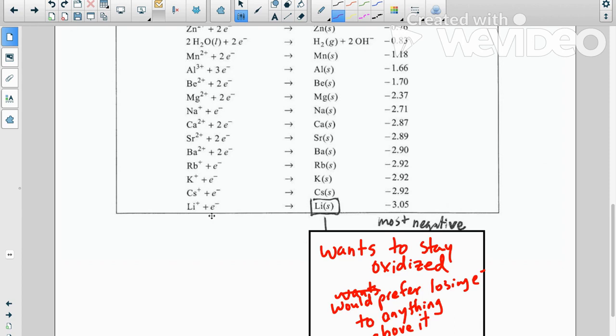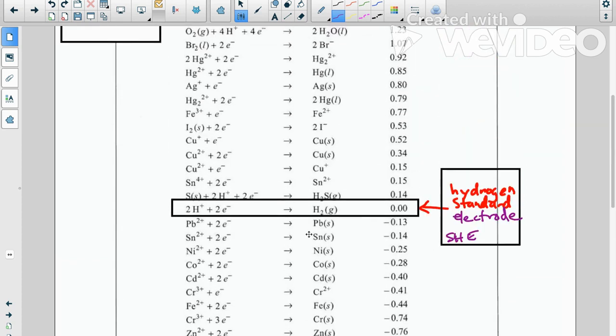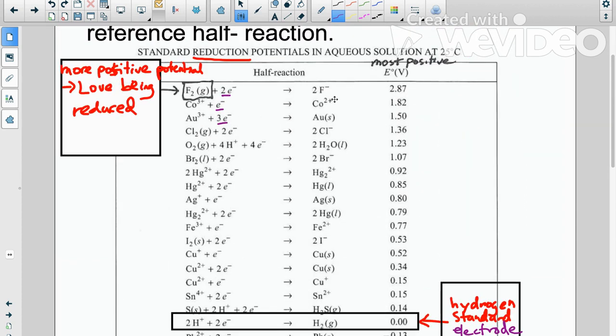So here, it does not actually want to do this process, but it actually wants to do the reverse. So now, if we pair something that wants to be oxidized with something that wants to be reduced, we put those two reactions together, we have a redox reaction that happens spontaneously, that is thermodynamically favorable.